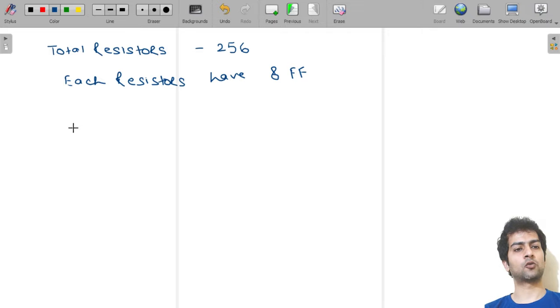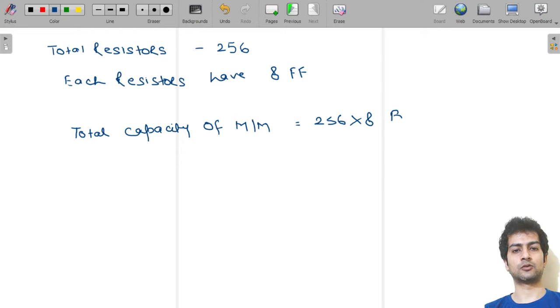Then what will be the total capacity of memory? Total capacity of memory will be equal to 256 into 8 bits.